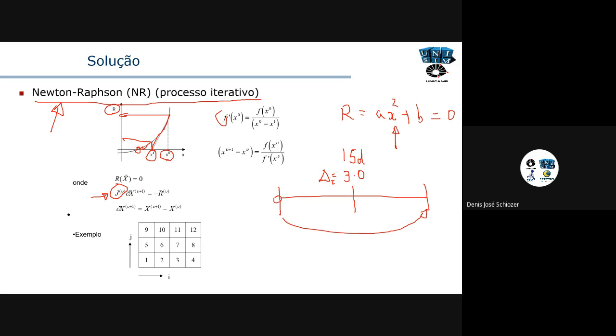Why does it do this? Because the solution is very hard to find for 30 days, but for 15 days the solution is closer to day 0. So it's going to be a little easier to find the solution. If, again, I don't reach convergence, it cuts the time step in half and tries to converge again. Let's assume I could find the solution here. Then I go to the next time step and so on.